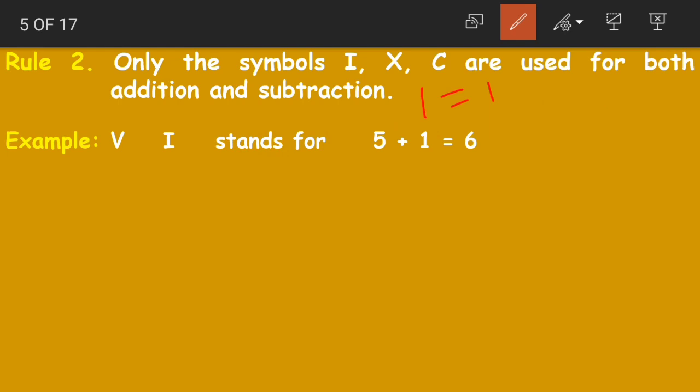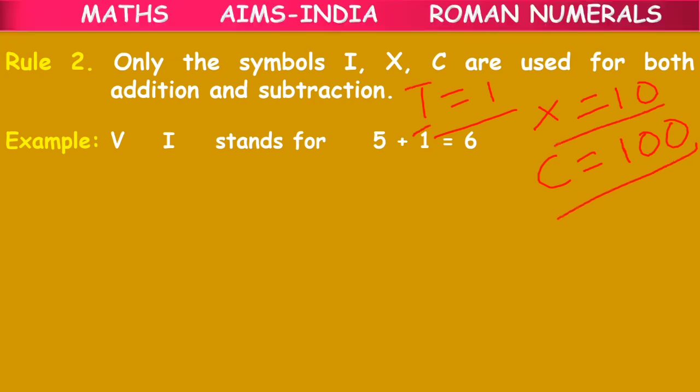I is equal to 1, X is equal to 10, C is equal to 100. These 3 symbols are used for both addition and subtraction. We can either add these symbols or we can subtract them.